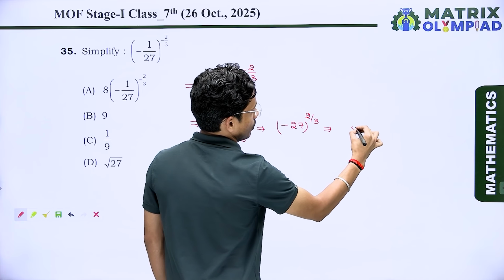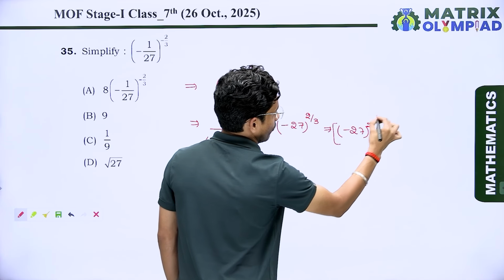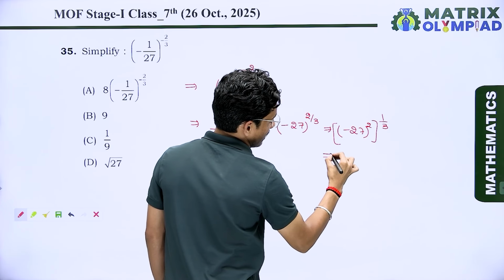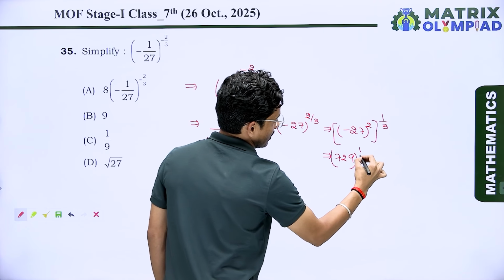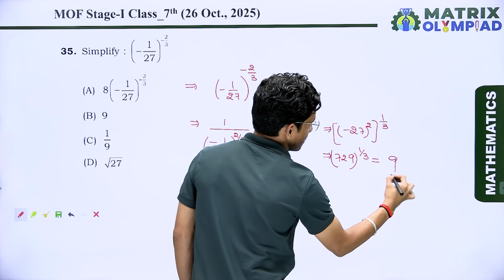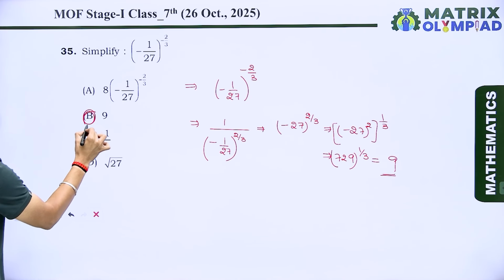So I can write 27 to the power 2, that is the whole power of 1 by 3. When I simplify it, I can write 9 raised to the power 1 by 3. It means we get the result 9. So check which option is correct. Here option B is the correct answer.